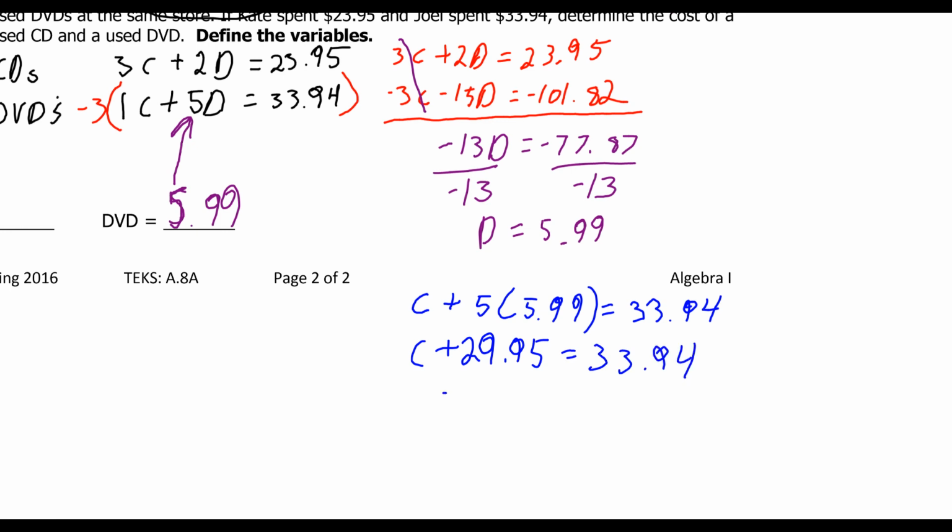We subtract $29.95 from both sides, and I wind up with C equaling $3.99. So the CDs cost $3.99 a piece. And that's it.